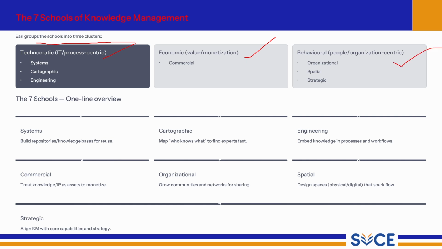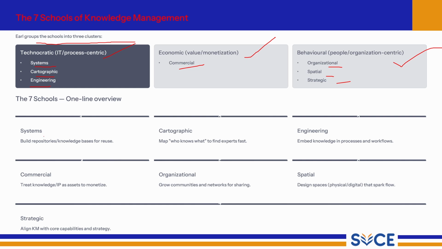In the technocratic, we have the systems, cartography and engineering. In the economic, we have the commercial. In the behavior cluster, we have organizational, spatial, and strategic. Now, we will see these 7 one by one.